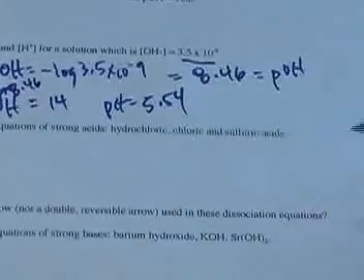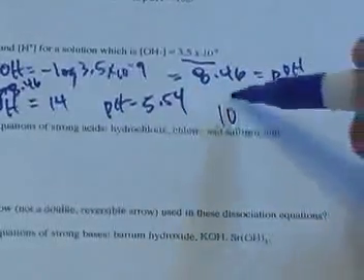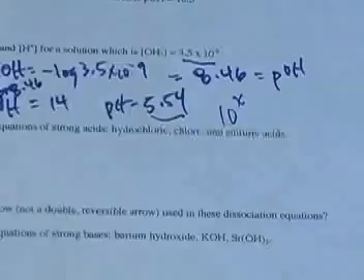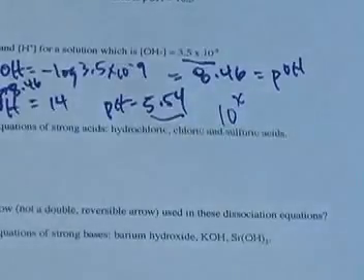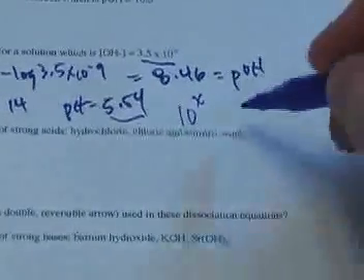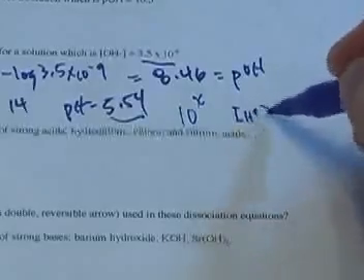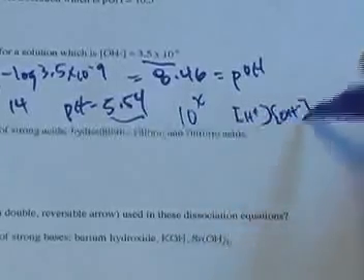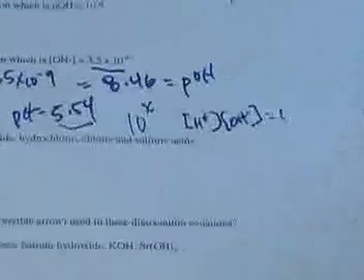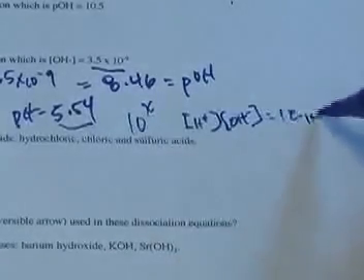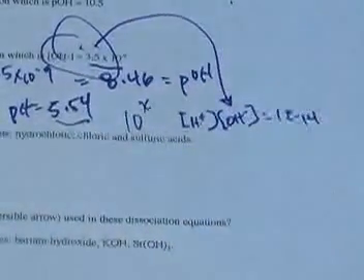Now there's two ways to do this. I'm going to do it one way, and I'm going to tell you another way too. We could do it like we did above, where we take the 10 to the x key and we put in the negative pH, 5.54, or what we could use is the equation we learned last video cast: H plus times OH minus is equal to Kw, 1 times 10 to the negative 14th. And if you take the OH minus ion concentration that they give us right here and plug that in, now we only have one variable to look for.